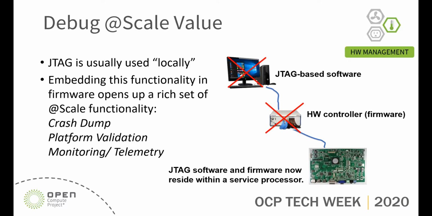We take those arrows, we cross off the workstation, we cross off the controller, and we take that JTAG-based software and firmware and deploy it within the service processor. So again, when you do that, you don't have the requirement for that one-to-one, those cables, external hardware. All of that goes away and you can do things at scale.